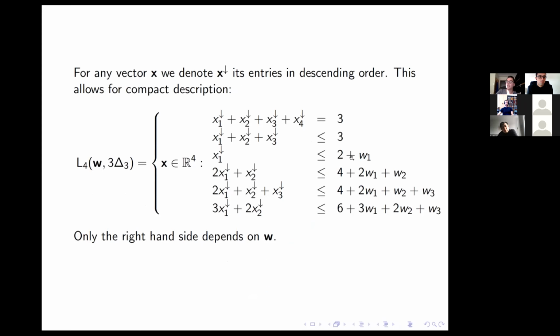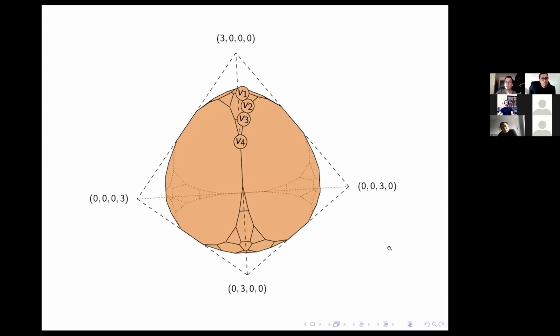The largest one is at most 2 plus W1. This depends on some W. And these are the linear conditions. There's 2 times the largest one plus the second largest one, which has another inequality, and so on. So we can produce this finite, concrete, computable list of inequalities that these guys have to satisfy. Okay, so we can define this polytope and we can produce the inequalities in a concrete way.